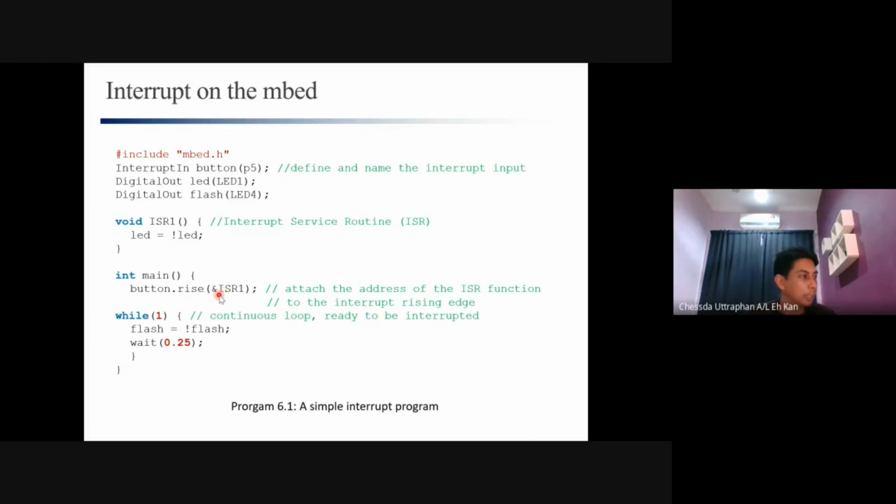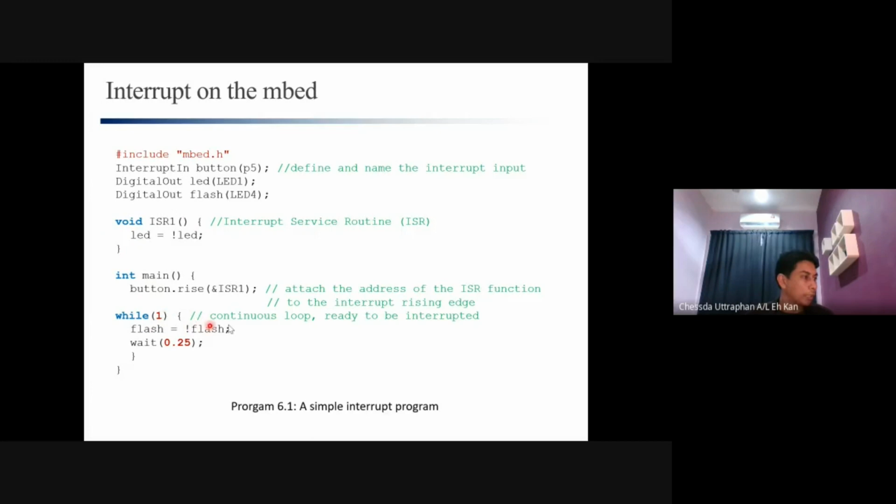When the interrupt occurs, we go to the ISR and toggle the LED. If the LED is 0, we set it to 1, so it is on, and if it is 1, we set it to 0. So that is the interrupt.